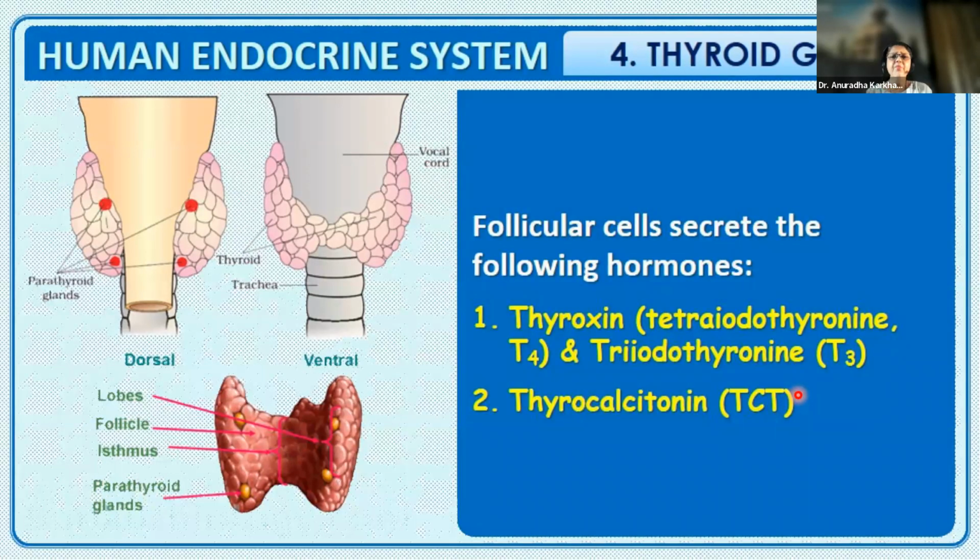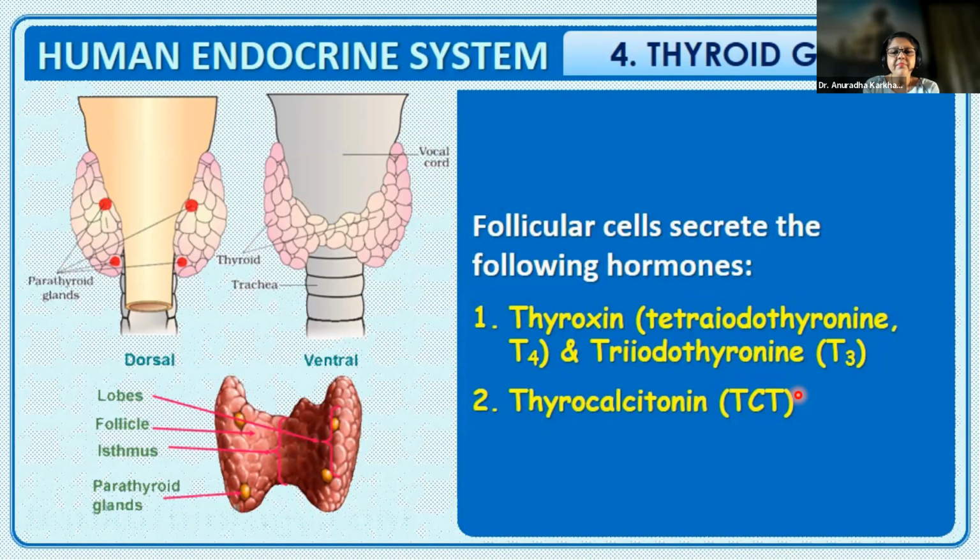So these three hormones, rather, T4, T3, technically speaking they are thyroxine only. So to make these hormones, the thyroid gland is responsible. So if the question comes in your exam that thyroid gland secretes, and the options are T4, T3, TCT, all of these, what would be your answer?